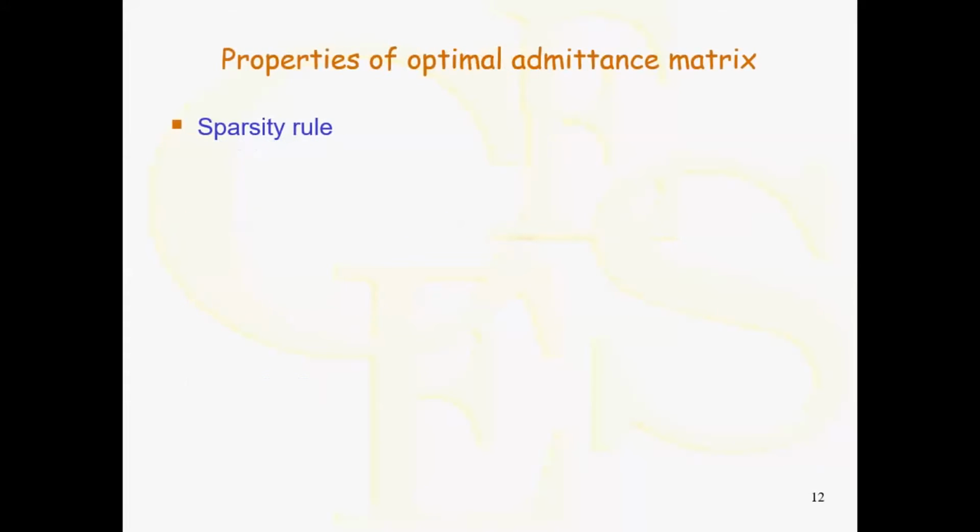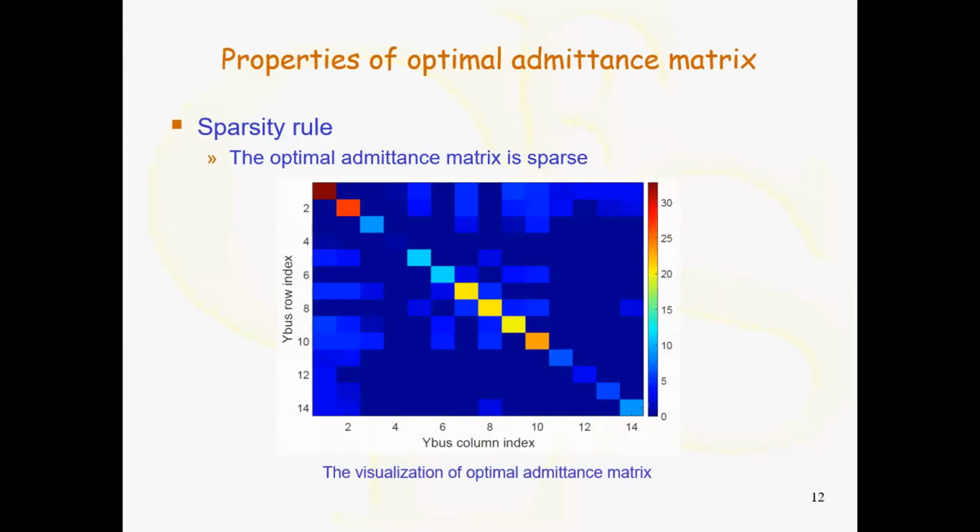The first finding is called the sparsity rule, saying that the optimal admittance matrix is generally sparse. Let's take the figure below as an illustration. This figure is a visualization of the optimal admittance matrix obtained from a 14-bus system. And it can be seen that a majority of the matrix entries are nearly zero.